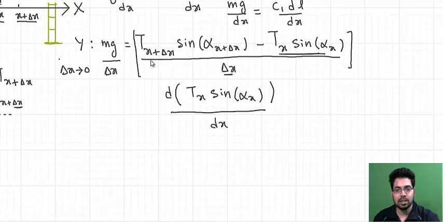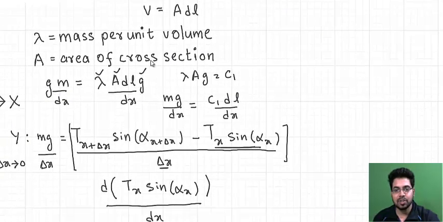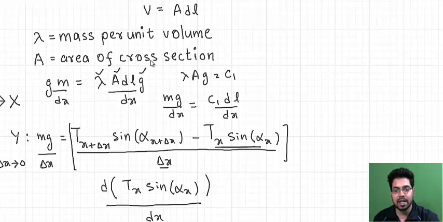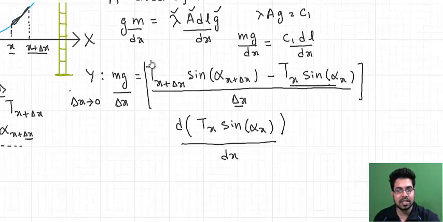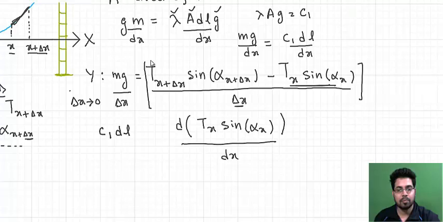We had this quantity equal to mg by delta x, so this delta x would become dx. So mg by dx is c1 dl by dx.